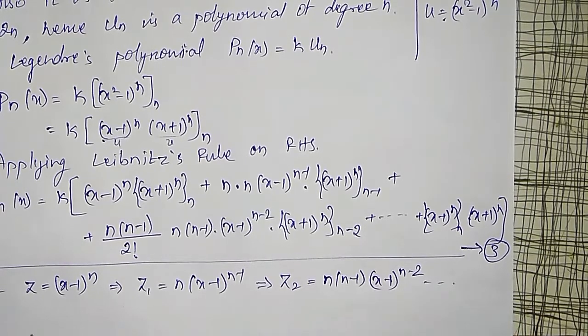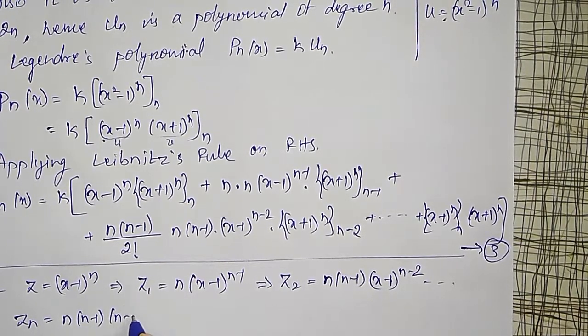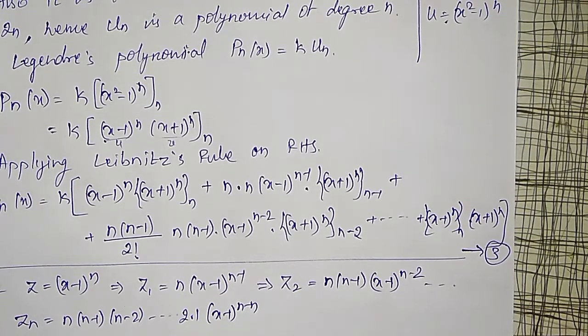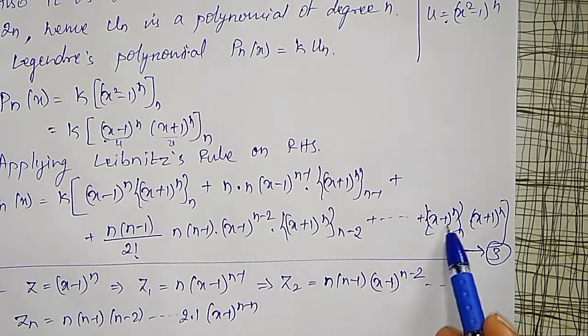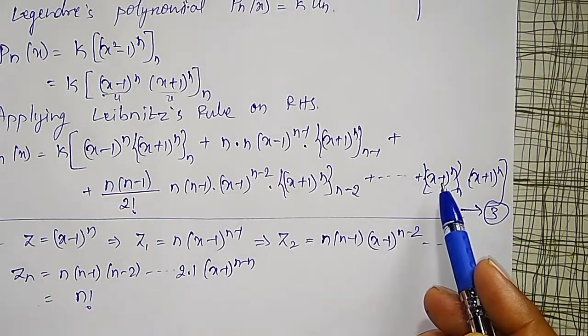Like that, zn will be n into n minus 1, n minus 2, up to 2 into 1 into (x minus 1) raised to n minus n, which is nothing but n factorial, correct? Therefore the nth derivative of (x minus 1) raised to n, I can replace by n factorial.